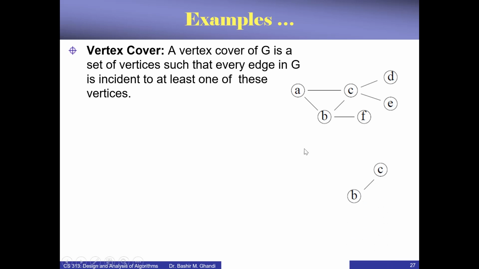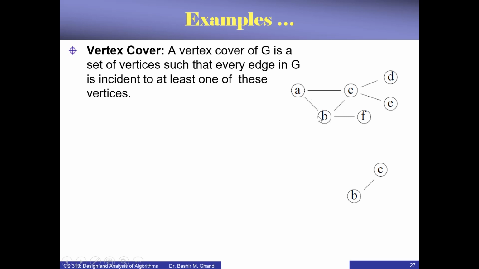For example, the vertex cover for this graph consists of C and B. Why? Because any edge you take in this graph is either incident to B or incident to C, or both, as in this edge. This edge is incident to both.